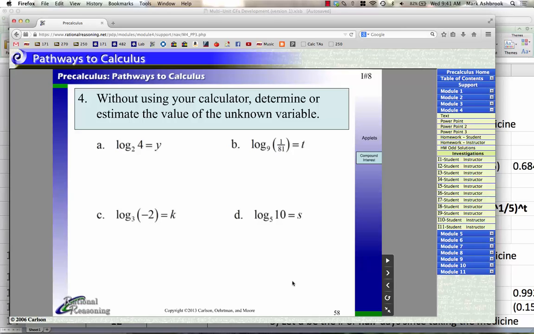Okay, what about C? Let's look at C in number 4. Log base 3 of -2 equals k. What exponent are we talking about? Brandon? What exponent are we talking about there?